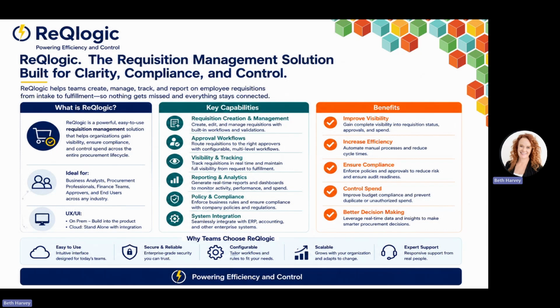It's very inefficient. And what we offer is what's called PunchOut. It's fully integrated with ReQlogic and BC, so it keeps your procurement entirely on system. So the user can punch out to the vendor's website, choose what they'd like, and then that line item is automatically created on their requisition.